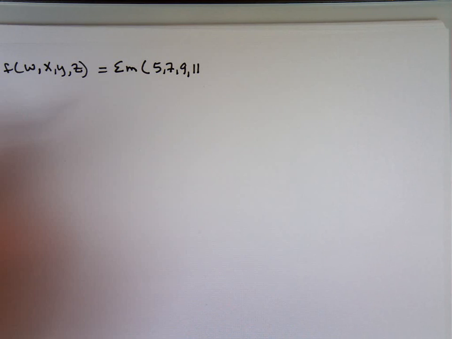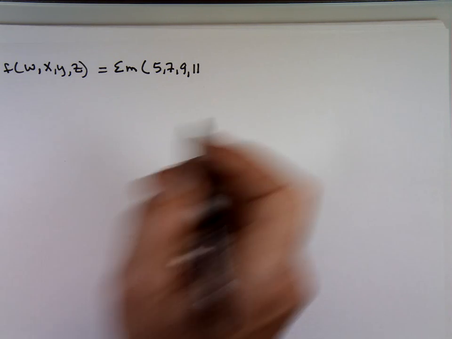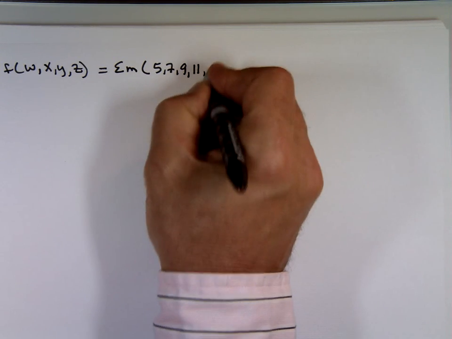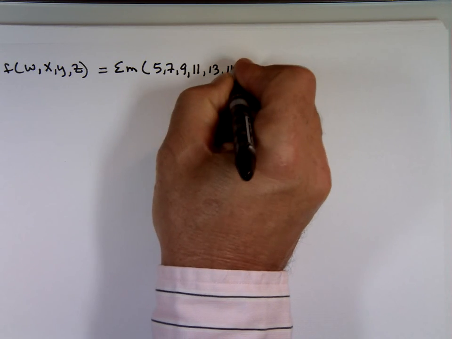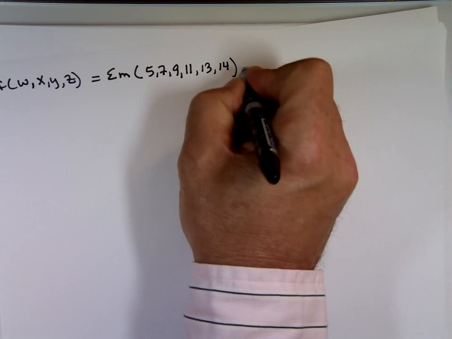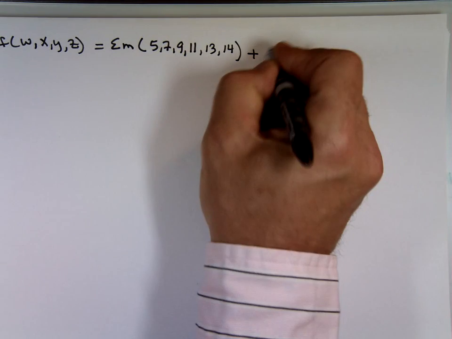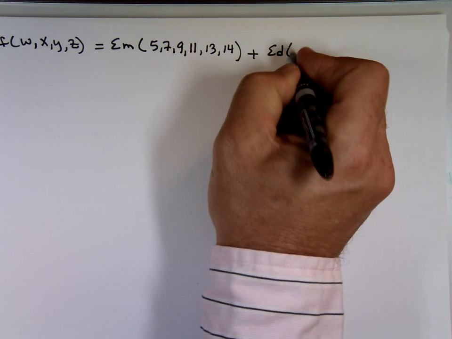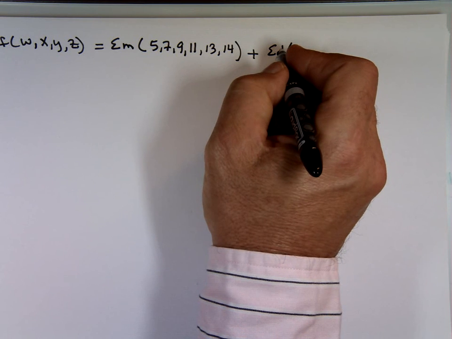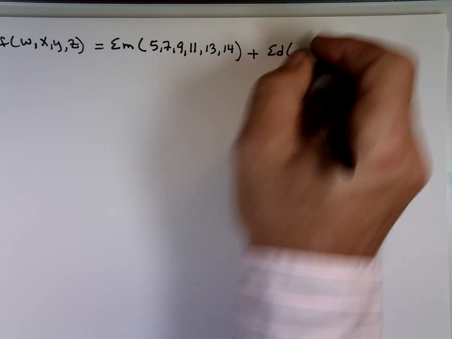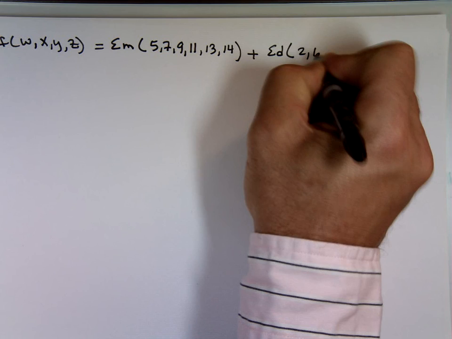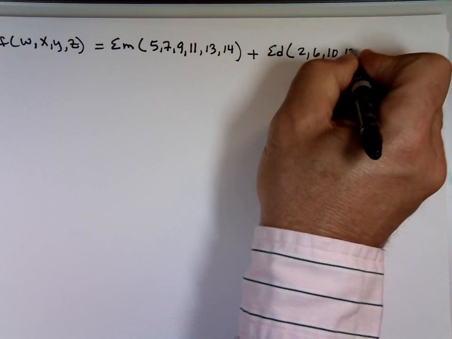What was the other one? Is that the same one? 5, 7. Nope, that's different one. Yep. Make sure it's not the same problem. 5, 7, 9, 11, 13, 14. Add to it the don't care. And for that one is 2, 6, 10, 12, and 15.